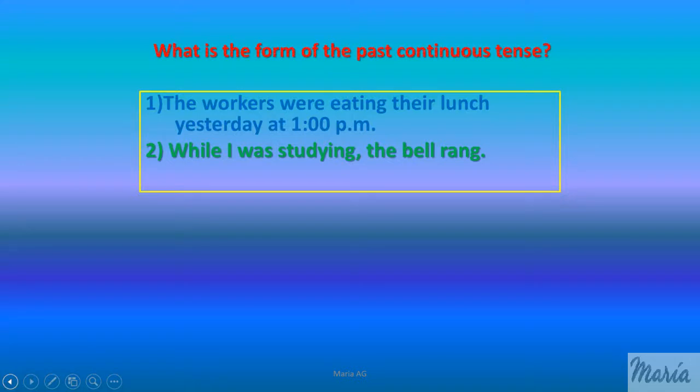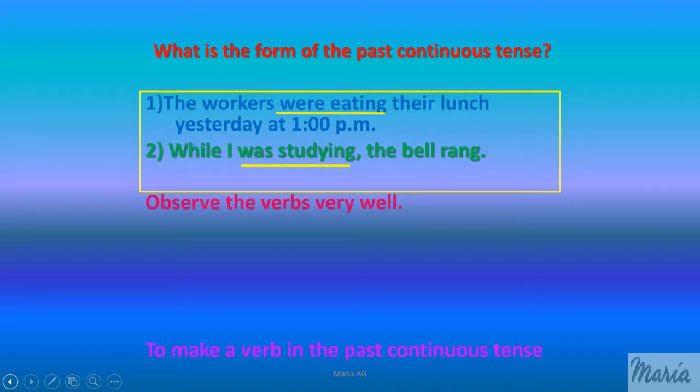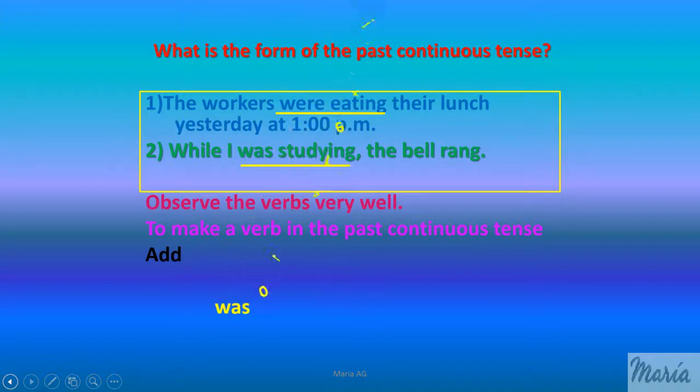What is the form of the past continuous tense? Observe the verbs very well. To make a verb in the past continuous tense, add was or were plus ing to the verb.